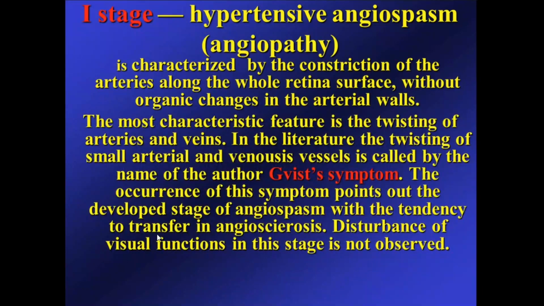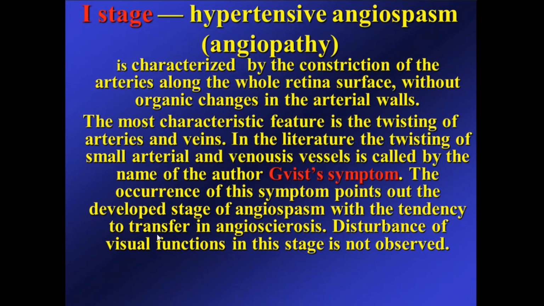This angiospasm is characterized by the constriction of the artery along the whole retinal surface without organic changes in the arterial wall. The most characteristic feature is the twisting of arteries and veins.